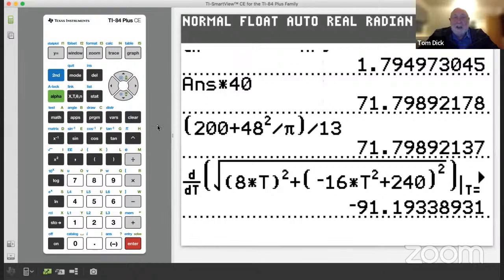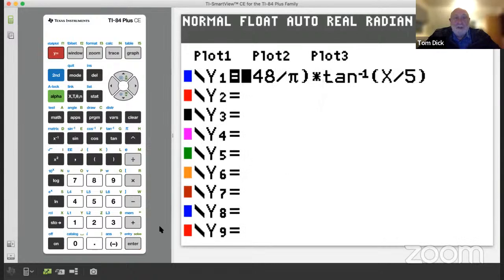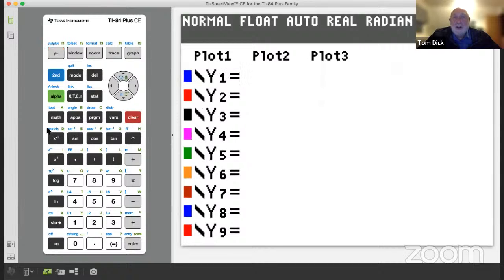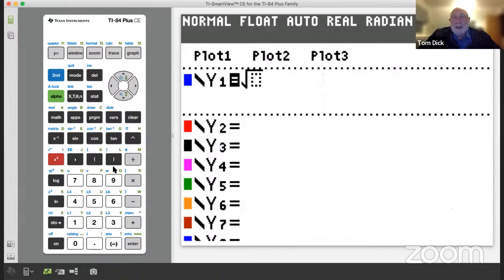And really then alternatively, we could graph this function. To save some time here, let me just go ahead and use y1 again. I'll do it as a function of x, but it's actually going to be a function of time. So remember, x is playing the role of time t now.